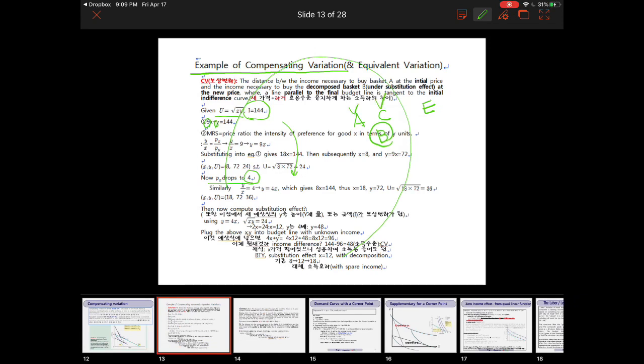And find out the compensating variation, and the equivalent variation at the new basket E. You can do the exercise following the writing I made here for these two pages. This is for your homework and this is for your final exam. You should do it on your own, not depending on what your friends have done.